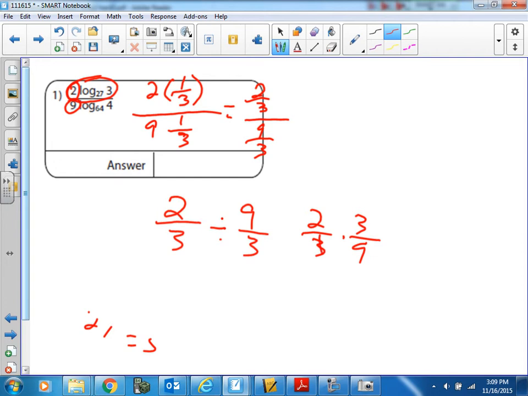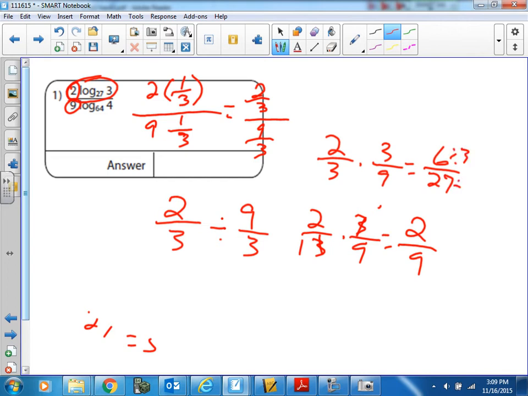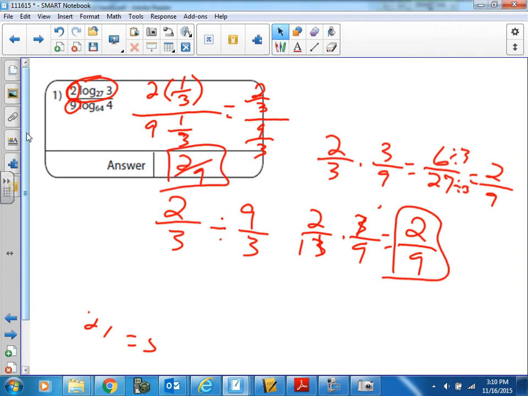And we can cross cancel. So that's going to be 1 and 1. It's going to be 2 over 9. If you did not cross cancel, you would get 6 over 27, and you would reduce, divide both by 3, and you'd still get 2 over 9. So that is our answer, 2/9 for number 1.